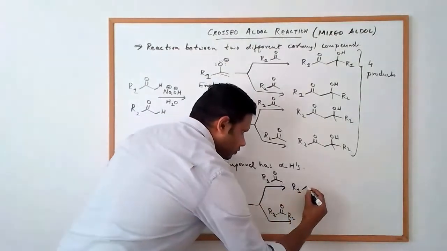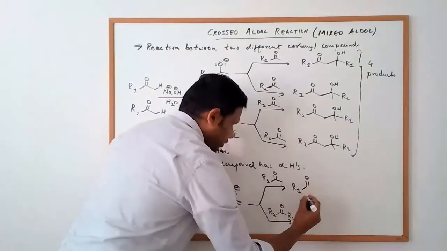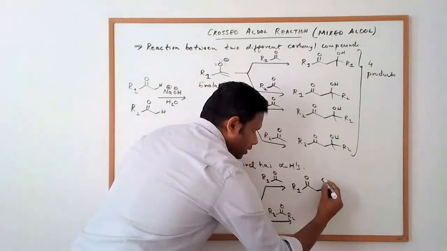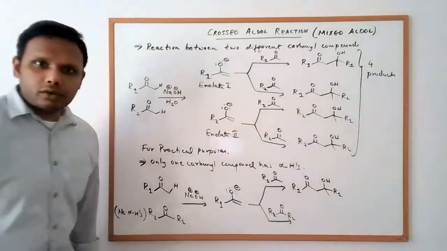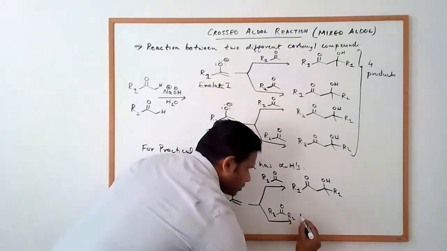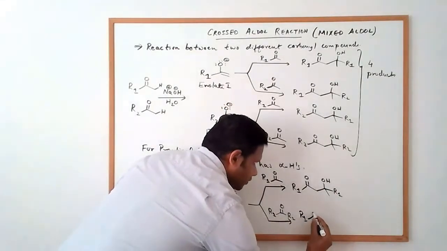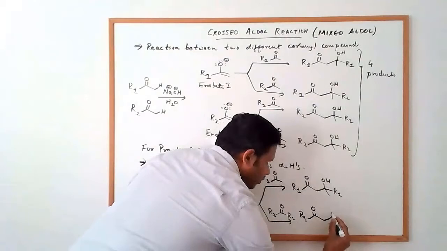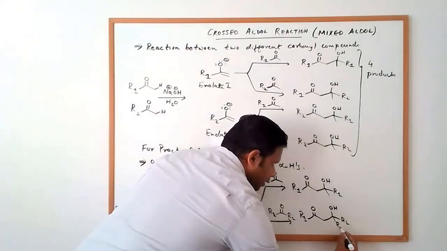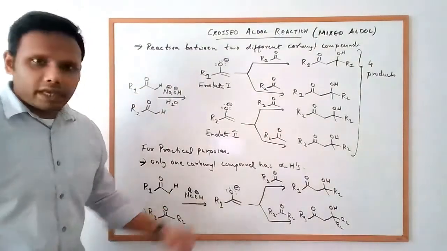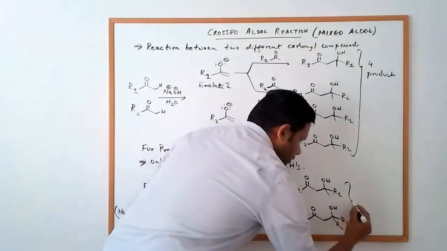We're going to get a product where we have R1, C double bond O, hydroxy, R1 and a methyl group. And we're going to have a product where we have R1, C double bond O, hydroxy, and then R2 and R2. So we have 2 products now.